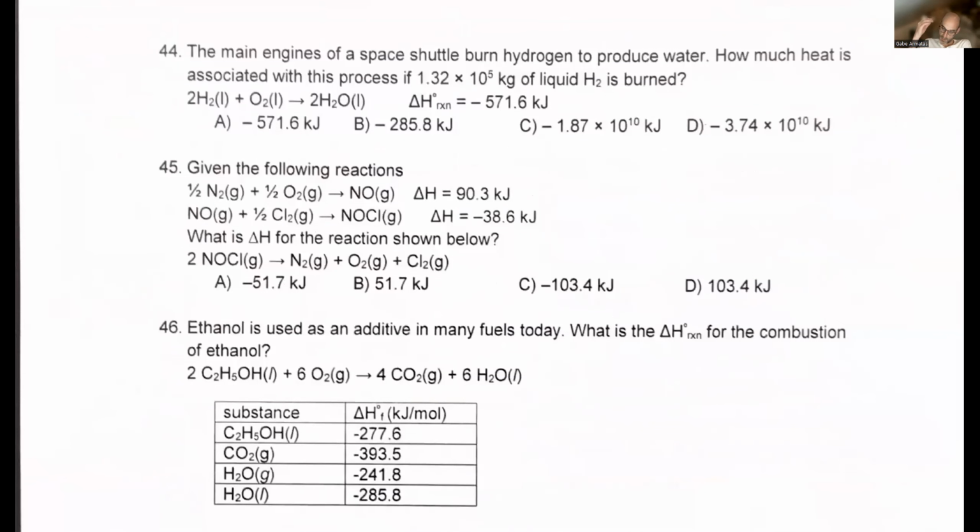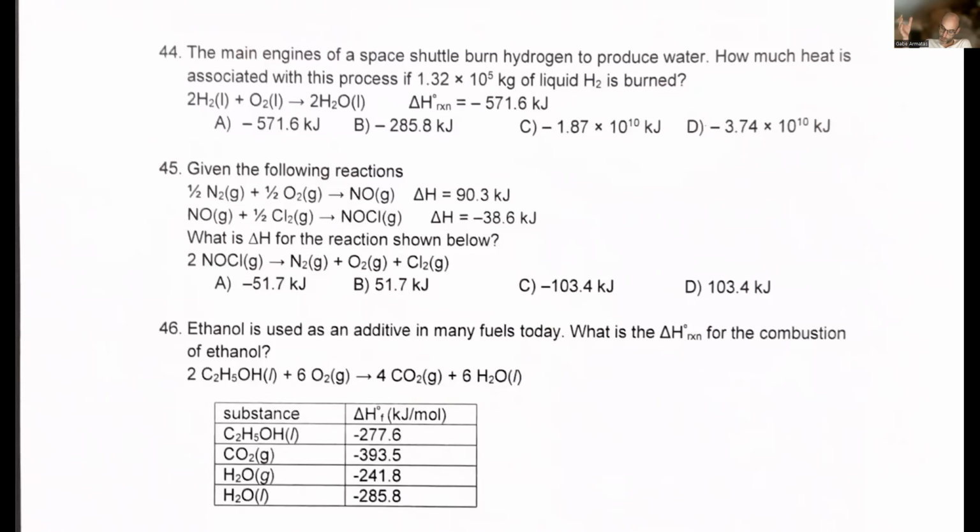The main engines in a space shuttle burn hydrogen to produce water. Okay, great. How much heat is associated with this process if 1.32 kilograms of liquid hydrogen is burned? Okay, so liquid hydrogen is burned. And the way that we want to look at this is, this is a stoichiometry problem, only we're going to include energy in it.